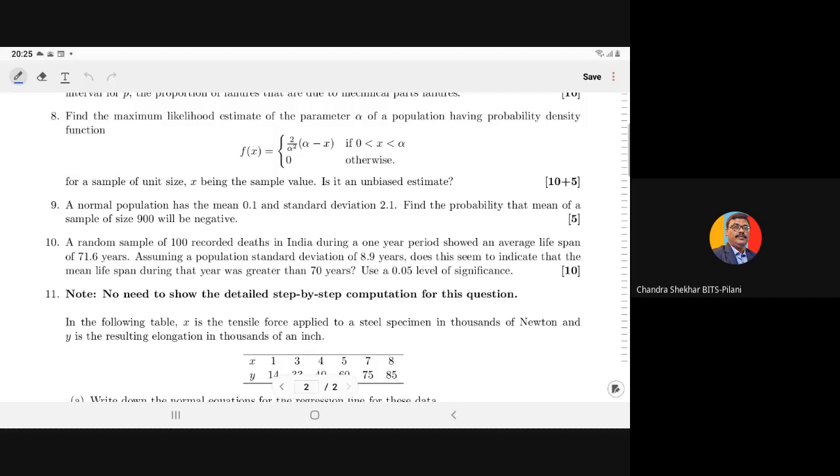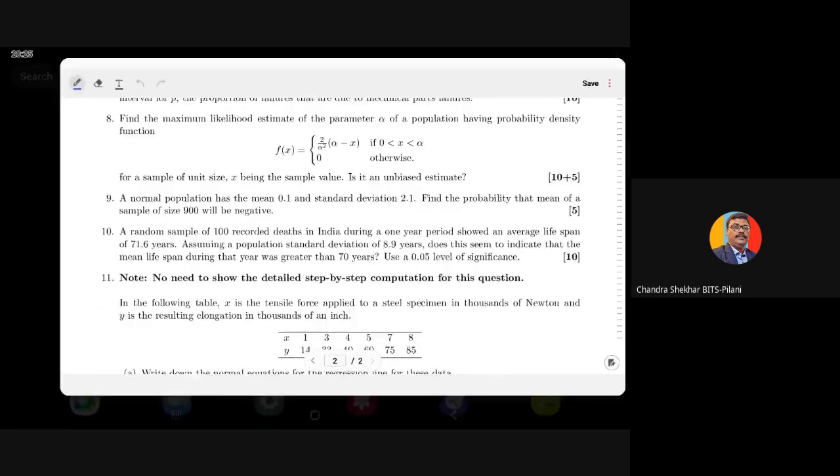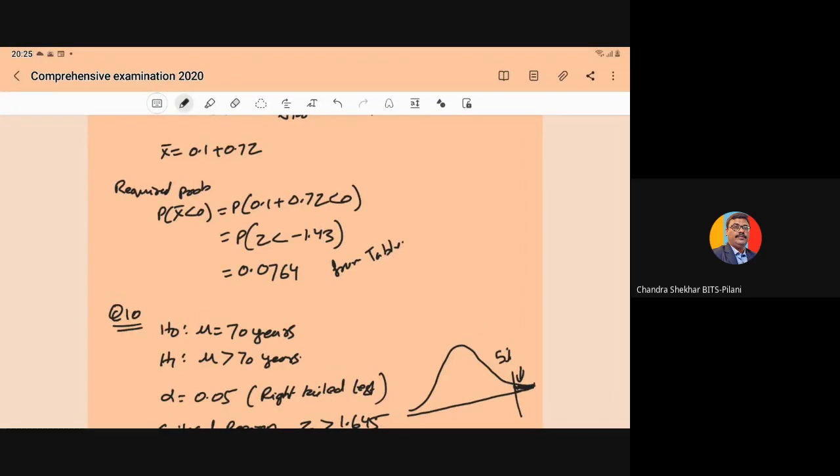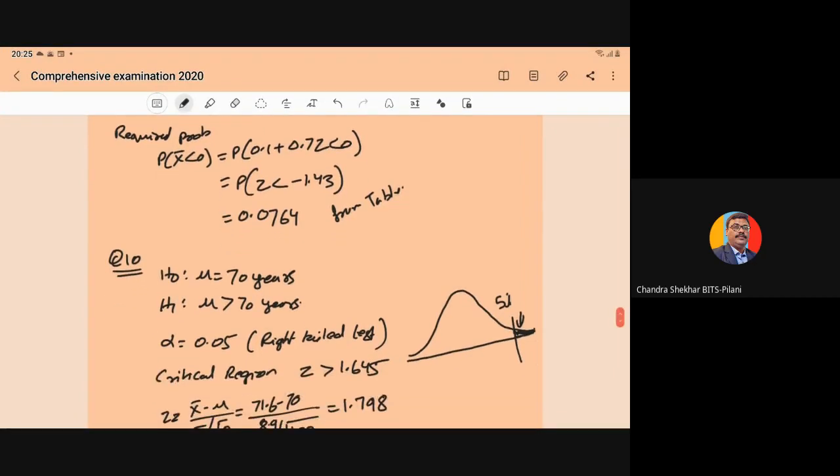So this question belongs to testing of hypothesis. First we have to identify the hypothesis. So H naught we take mu is equal to 70. H naught is the null hypothesis, and H1 is the alternative hypothesis.